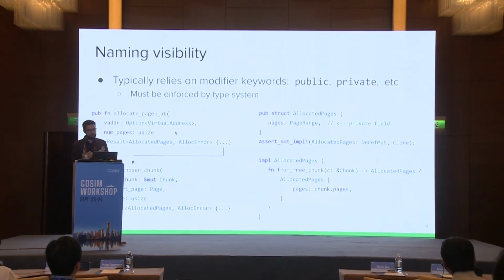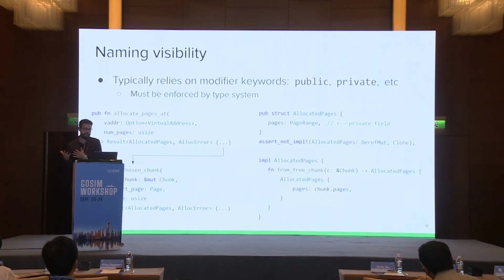So the main way that you would allocate pages in Theseus is to call this function, allocate pages at, on the left. This is a significantly simplified version of the function, but basically you can optionally specify a virtual address that you want the allocated pages to start at. Internally this will invoke a function called adjust chosen chunk, which is the way that we keep track of all of the metadata required to implement the actual allocator, right?